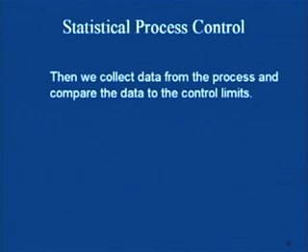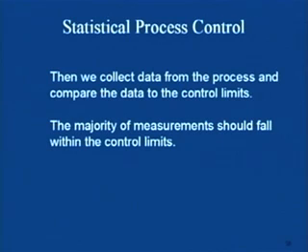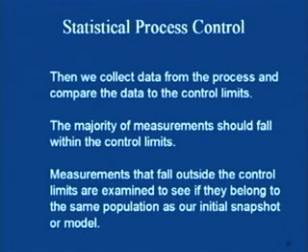After taking the snapshot of the model and deciding about the control limits, we collect data from the process and compare the data to the control limits. The majority of the measurements should fall within the control limits. Measurements that fall outside the control limits are examined to see if they belong to the same population as our initial snapshot or model.